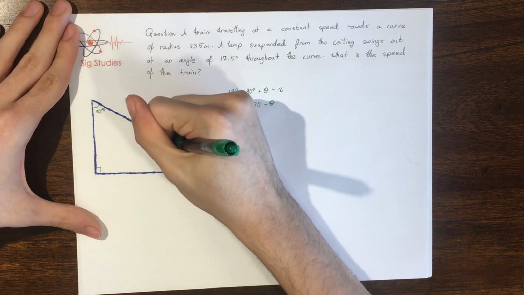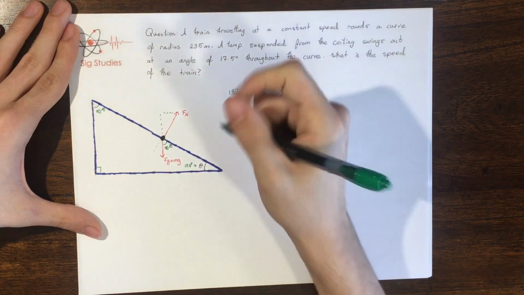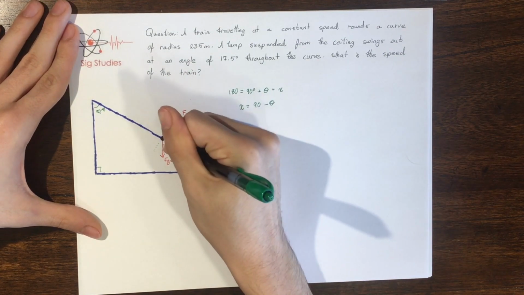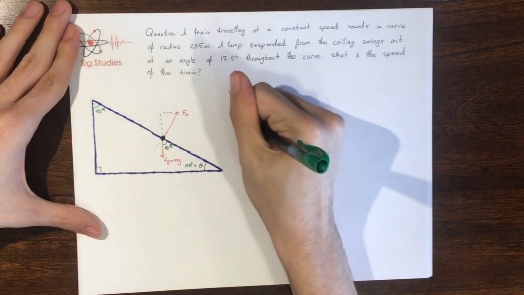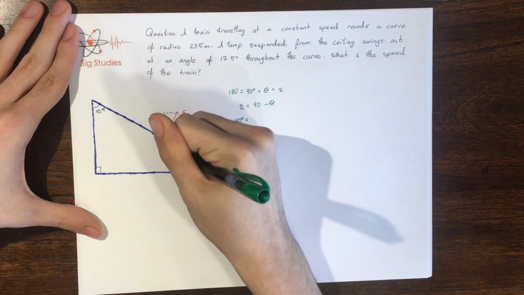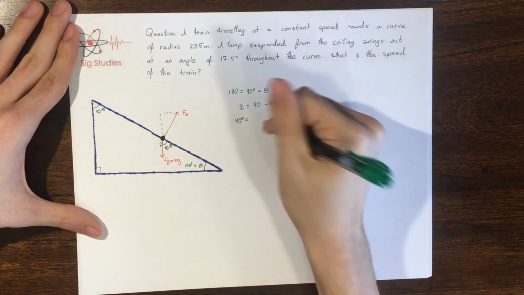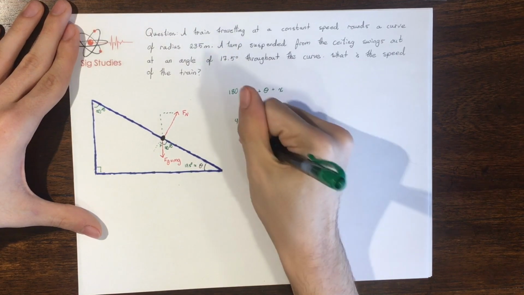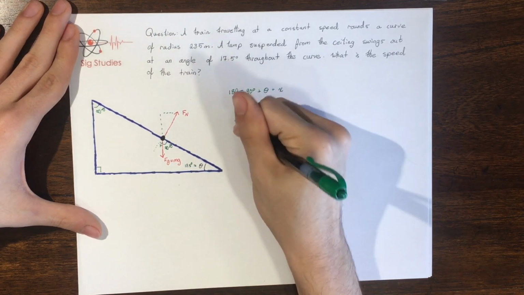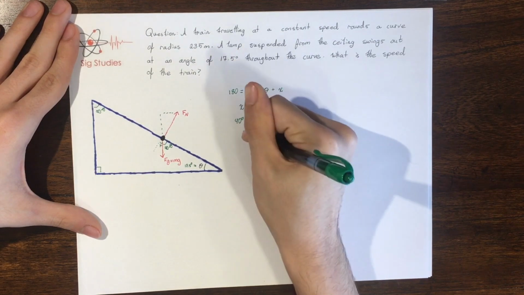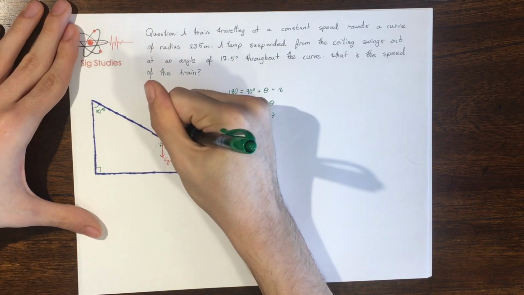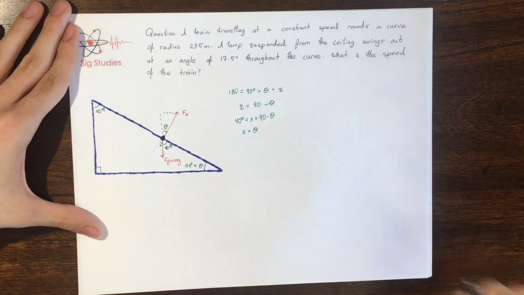Now we can figure out that since this entire angle is 90 degrees, 90 would be equal to our x value plus 90 minus theta. So if we subtract over the 90, we get x minus theta equals 0, and then x equals theta. So if that's theta, through vertical angles, we know that this is theta as well.